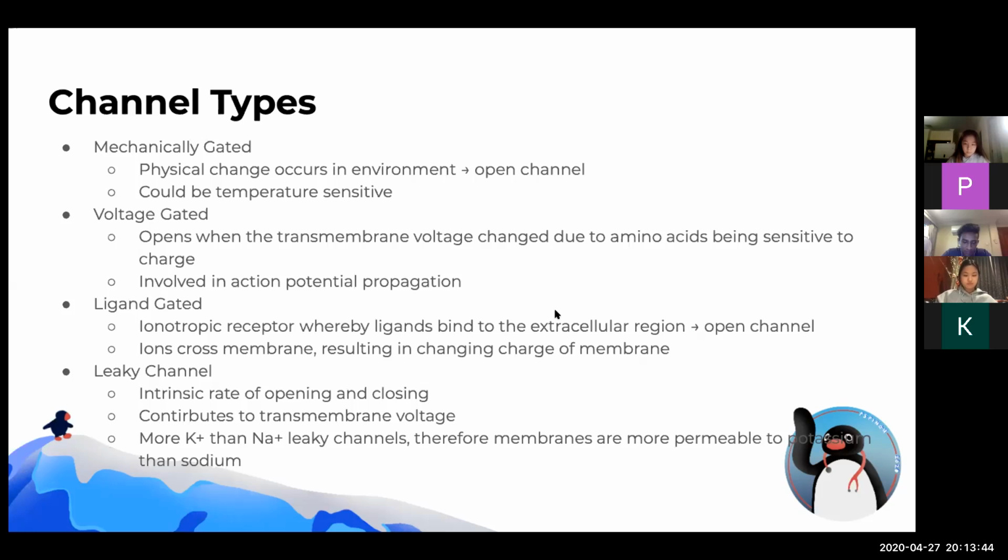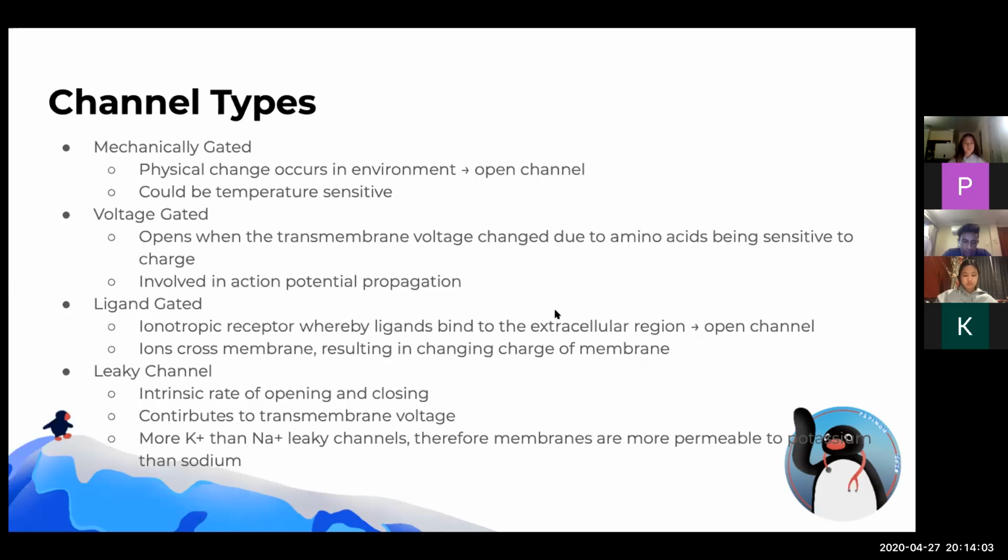We also have voltage gated channels, which open and close depending on the voltage at that particular location. Some of these might open up when it becomes more positive, and this is what we'll see during our propagating action potentials later down the track.